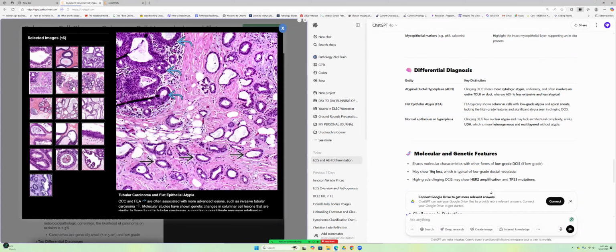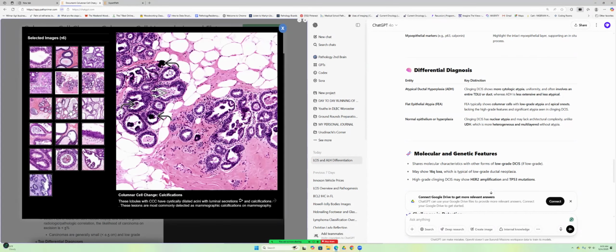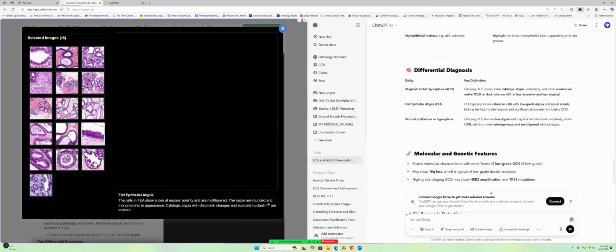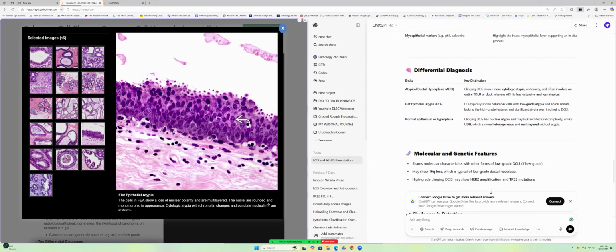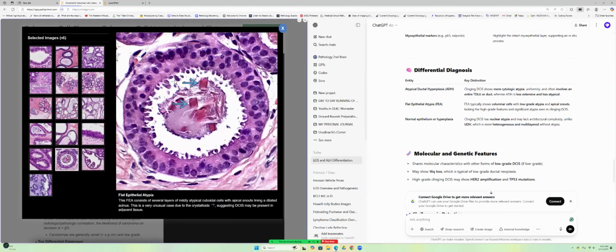That's flat epithelial atypia. They usually have loss of nuclear polarity, multi-layered, rounded monomorphic appearance, punctate nucleoli, necrosis.